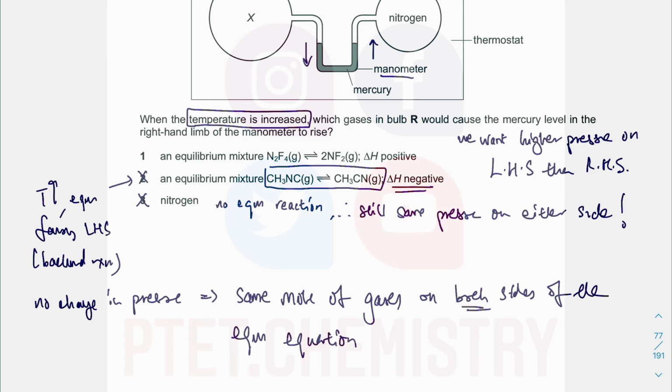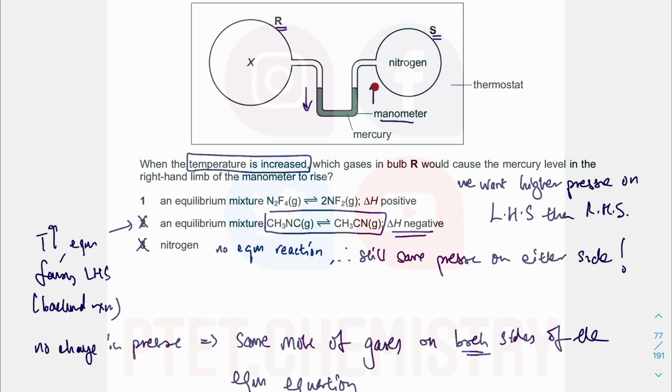So you wouldn't get higher pressure on one side than the other. So by right, if I check number 2 first, number 2 is impossible to give you this observation where the right hand of this mercury level goes up because of higher pressure here. So that means only one must be correct.